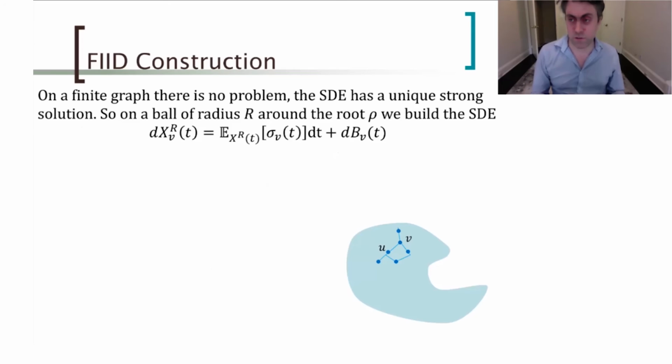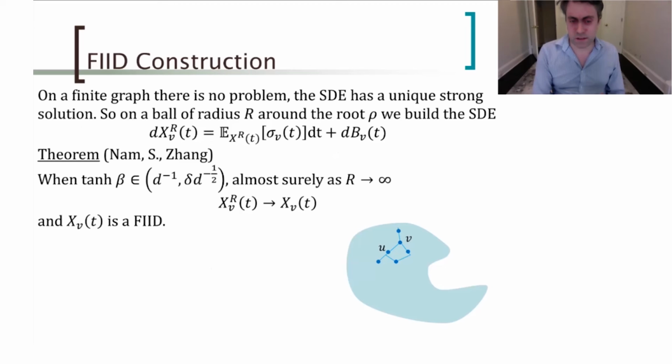And so the way we can do that is by constructing these SDEs first on a finite graph. So we take the root, take a ball of radius R, and then do this construction just on that finite graph, and we'll call this X^R.